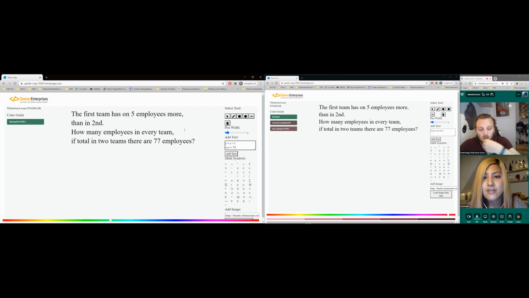Okay, let me start by writing a system of equations. So we have the second team that is equal to the first team plus 5. Exactly. In this case, it follows that x plus x plus 5 is equal to 77.